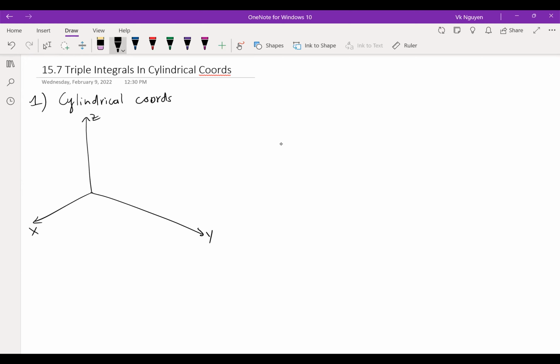What is a cylindrical coordinate? For some point, here comes x, here comes y. Now we can get the point right here to be, instead of x, y, we can use the radius r and the angle theta.